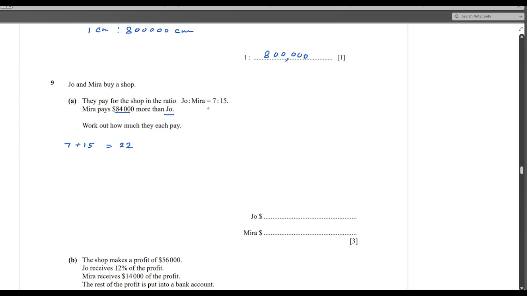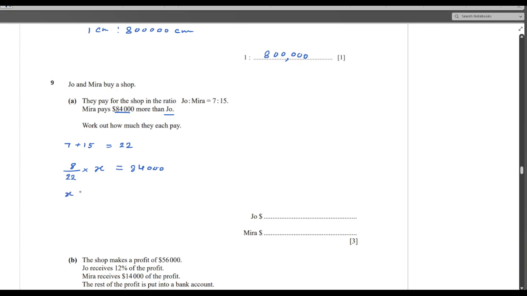Now the difference between 7 and 15 is 8. So your 8 divided by 22 times your total value. Let us take total value as X. This is your 84,000.